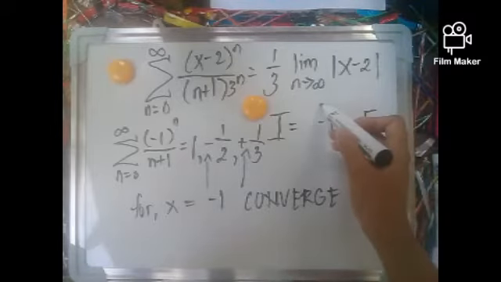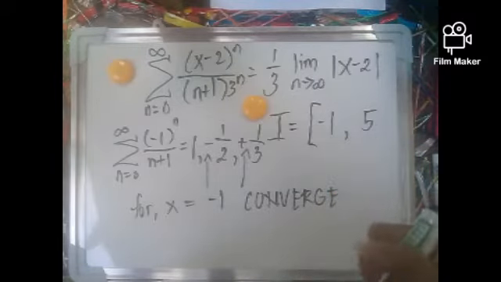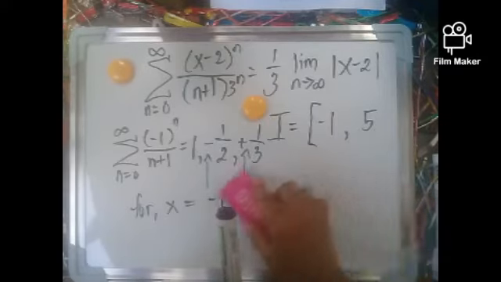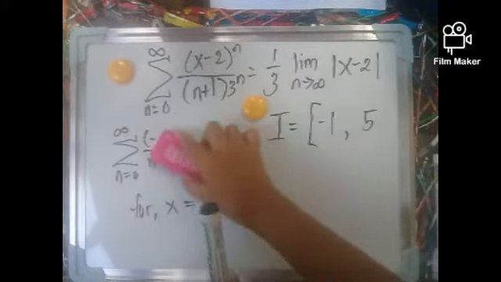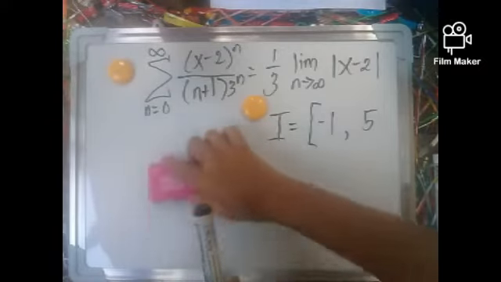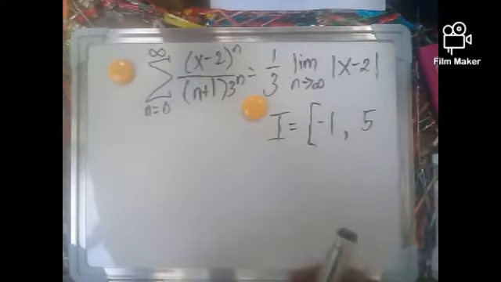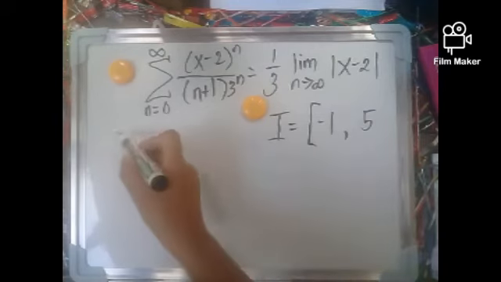So if it converges, we have brackets here. And if it diverges, we put a parenthesis. So let's try the other values of x.